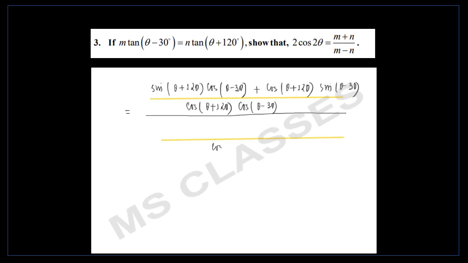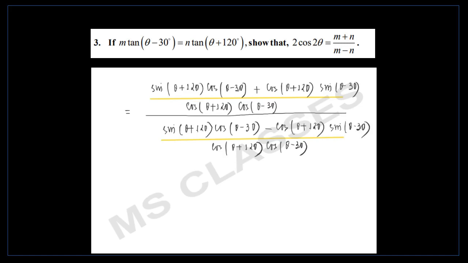Here cos(theta plus 120) into cos(theta minus 30). So whatever you have here, same thing you got. Now same thing, just a minus sign in between. Whatever you got in the numerator, same thing you'll get, just a minus sign in between the two products. Minus cos(theta plus 120) into sin(theta minus 30).